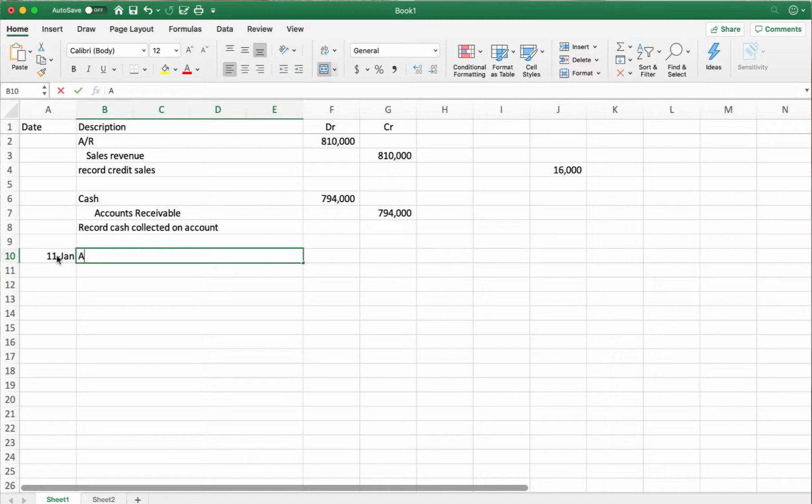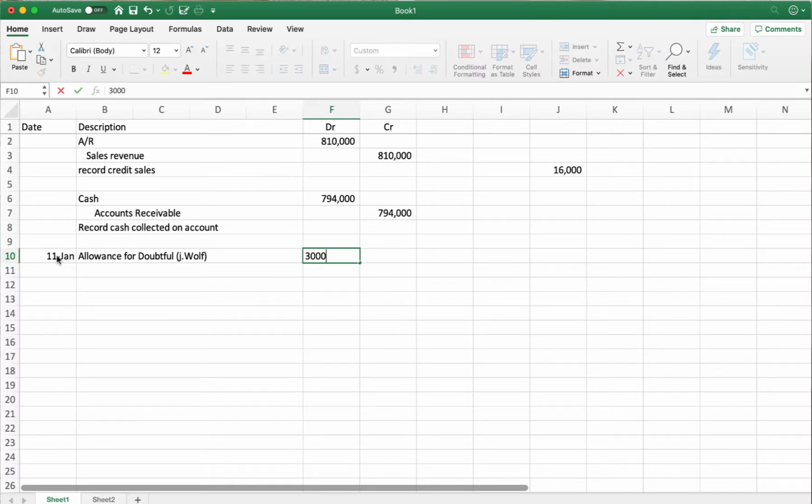So we need to debit allowance for doubtful account. And this specifically, I'm going to put in parentheses J. Wolf, so we know who it is. We're writing it off, so we're going to debit allowance for doubtful accounts, $3,000.